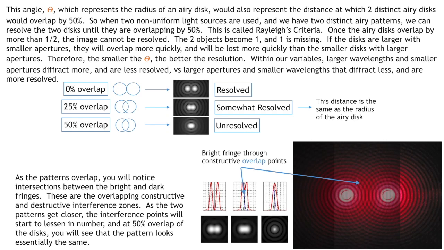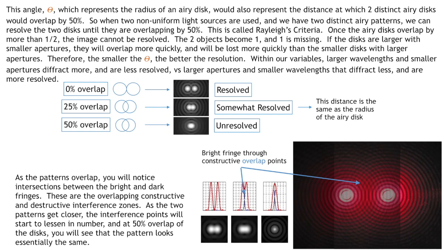So this angle, theta, which represents the radius of an Airy disk, would also represent the distance at which two distinct Airy disks would overlap by 50%. So when two non-uniform light sources are used and we have two distinct Airy patterns, we can resolve the two disks until they are overlapping by 50%. This is called Rayleigh's criterion.